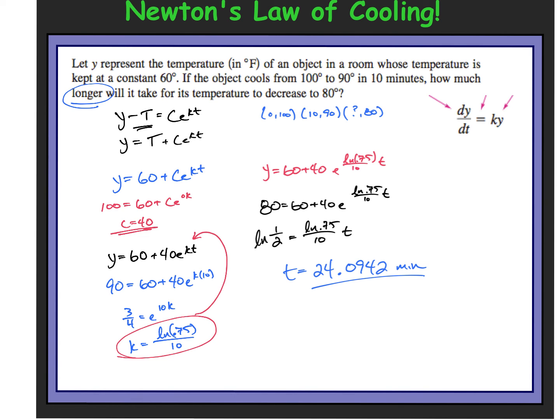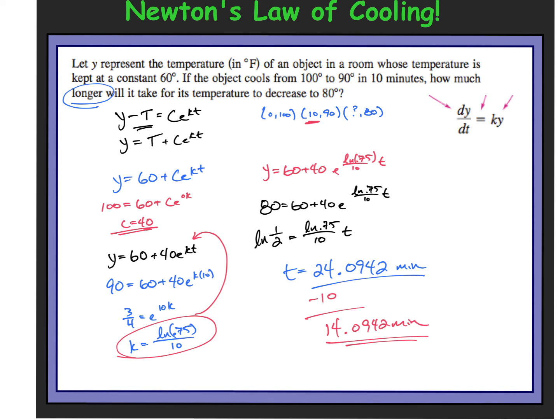So what do we need to do with this? Subtract 10. We need to subtract 10 because that's the last time we took a temperature. All right, so now we subtract 10. So my answer is actually 14.0942 minutes. All right, pretty good.